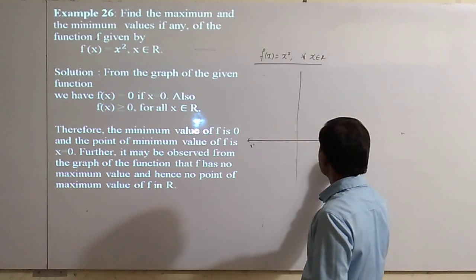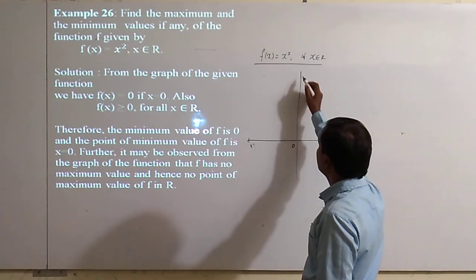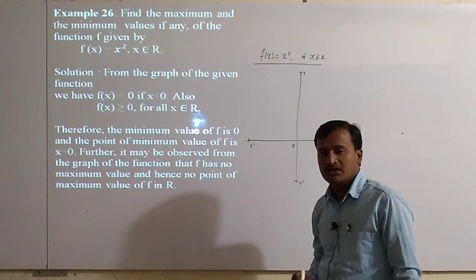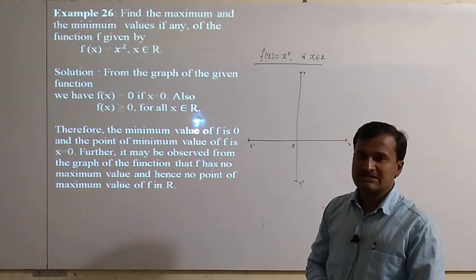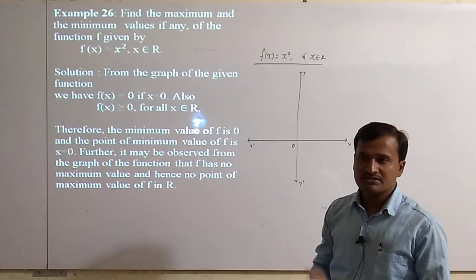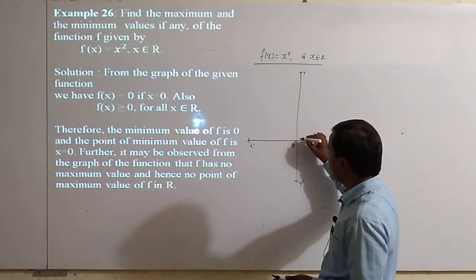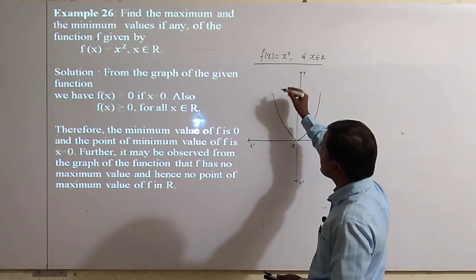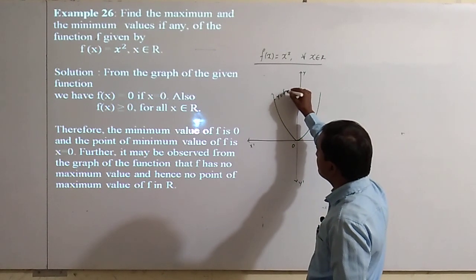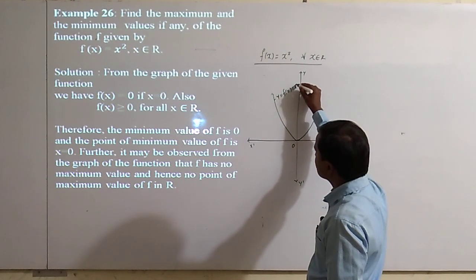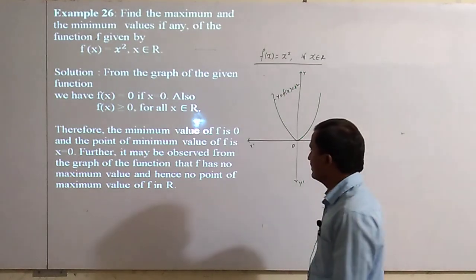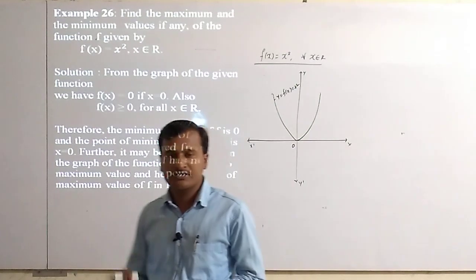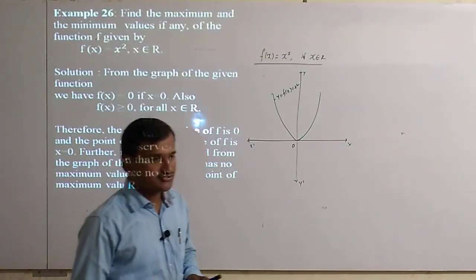Here is x dash, x, o, here y, and here y dash. f of x equal to x square is an even power of x, so it is a parabola symmetric about the positive y-axis. So this is the function f of x equal to x square. Here we should find the maximum and minimum value of this function.